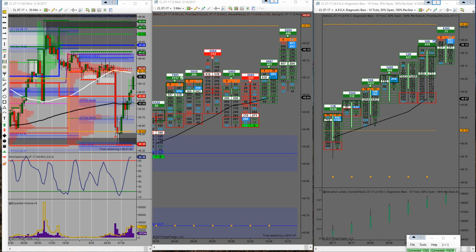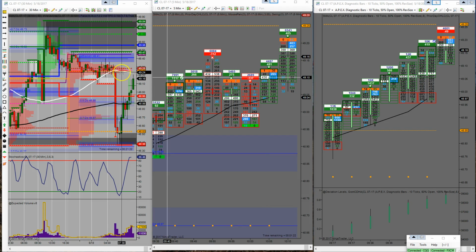And what I want to do is set a 20 tick trailing stop if we can get up towards 23. It's going to trail at 20, but I'm going to set it where break even is still the stop for the moment. So we'll see if we can continue to push up here.